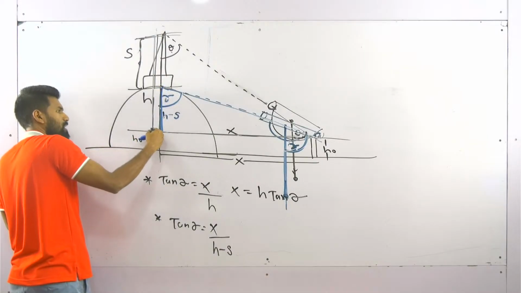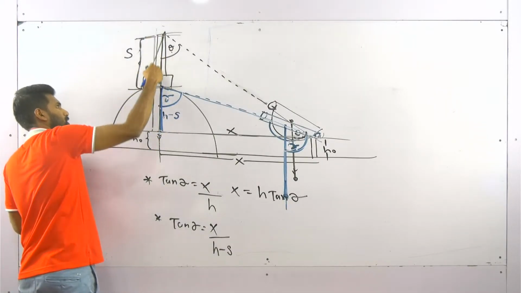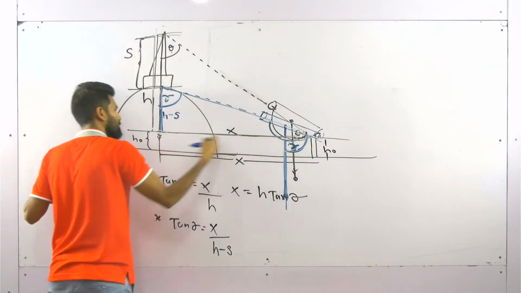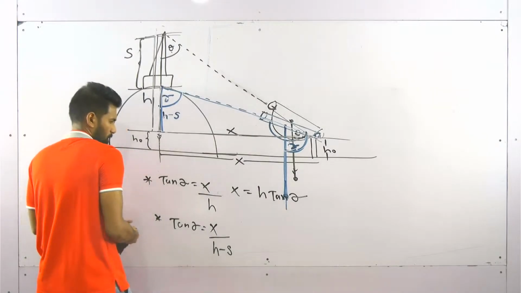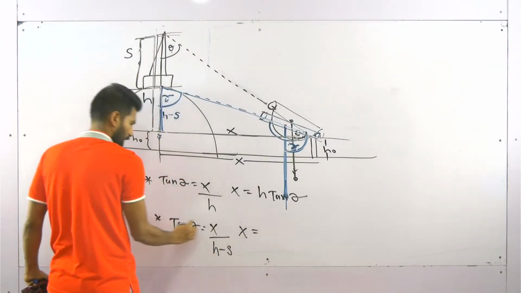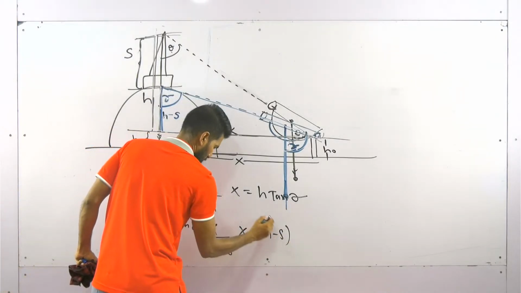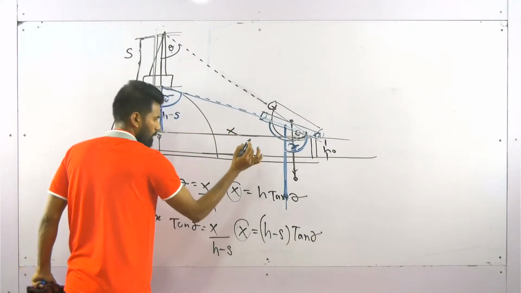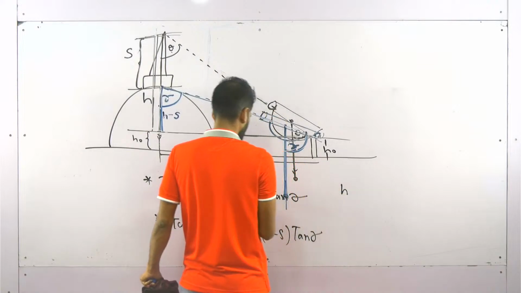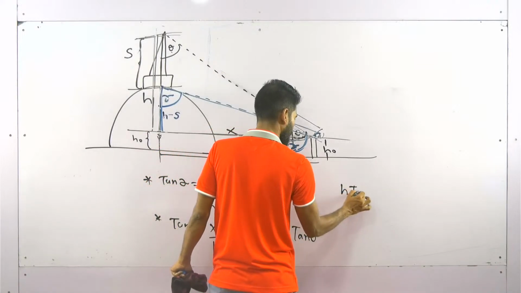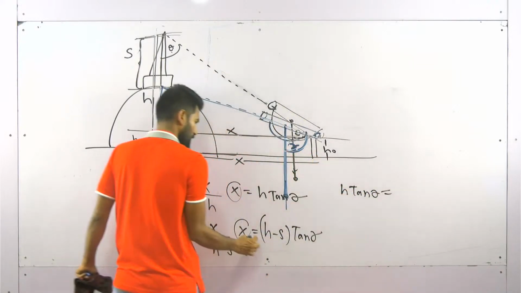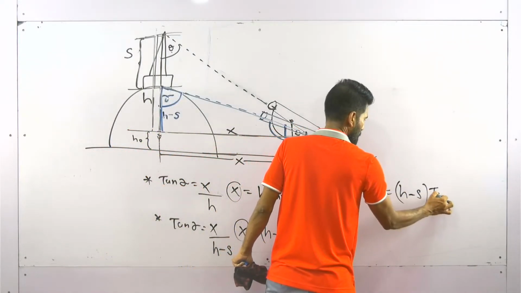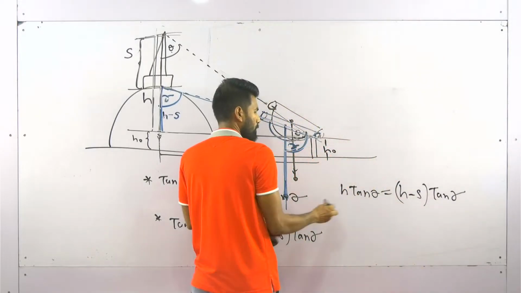From here to top it's h, but the length of the kotha is s, so this is h minus s. Tan gamma is x over h minus s. From here I can make x the subject: x is equal to h minus s into tan gamma. So same x value. From the first equation, x is equal to h tan theta. From the second equation, x is equal to h minus s tan gamma.